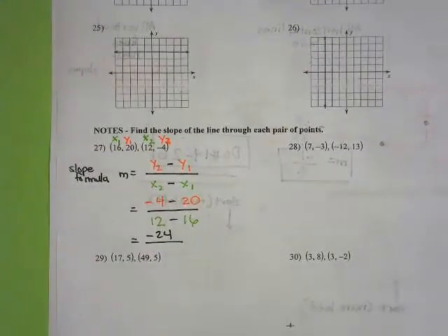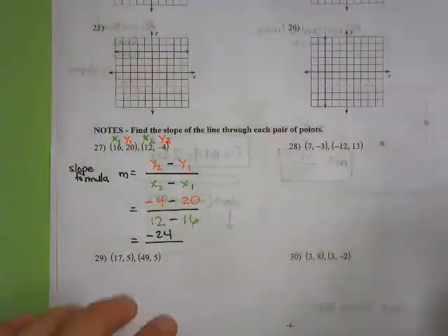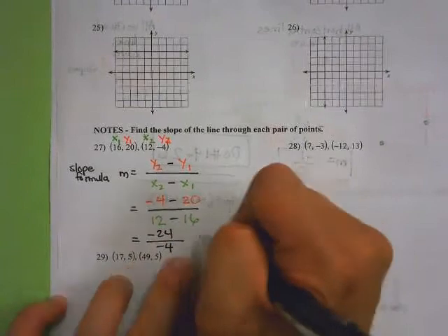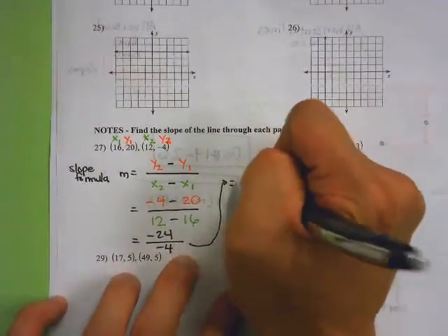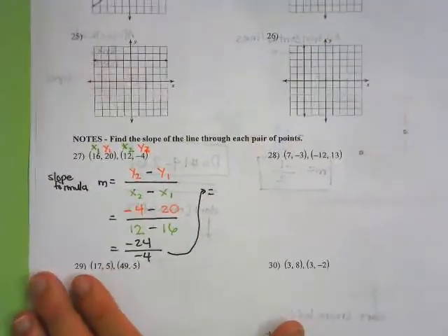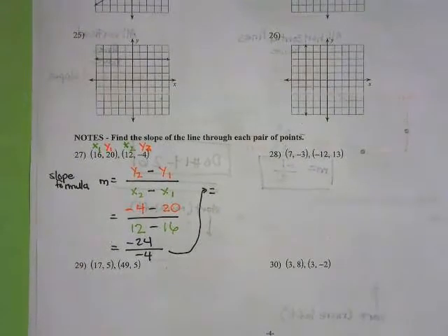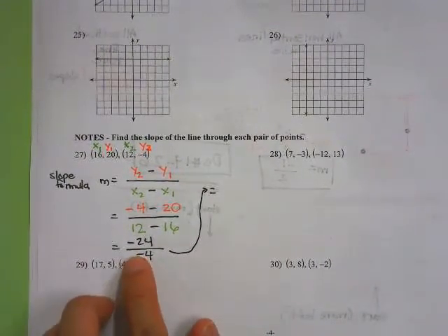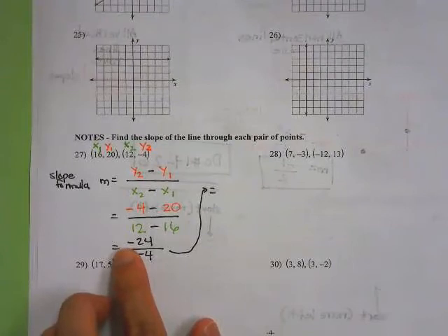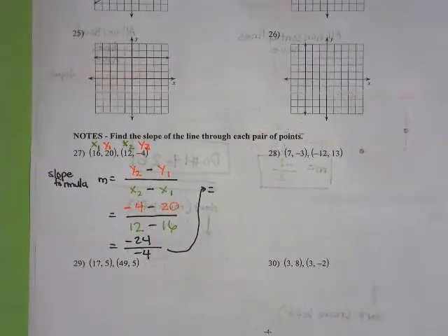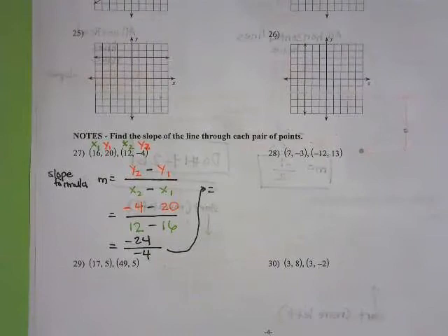Someone with a calc, can someone do 12 minus 16? What is that? -4, or in your head, that's totally fine. Okay, be careful. What is -24 divided by -4? Is it -6 or +6? It's 6. Why is it 6? Negative divided by negative is equal to a positive.